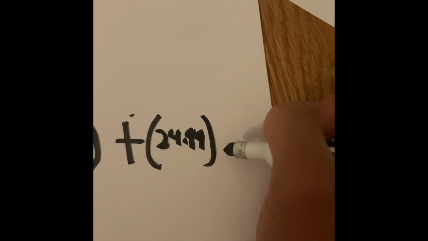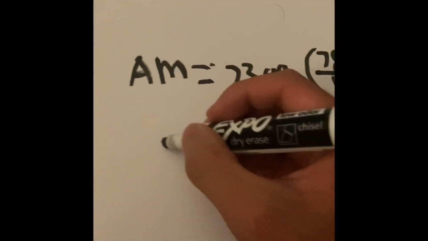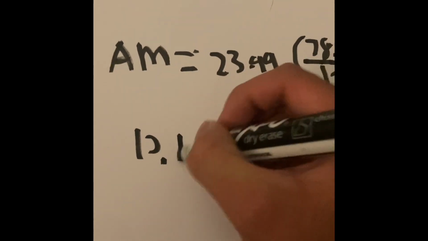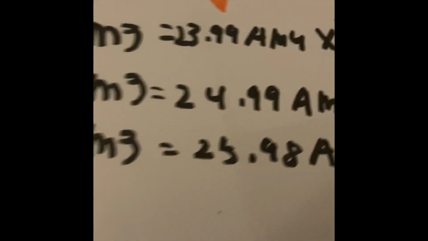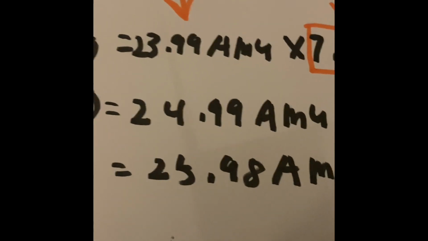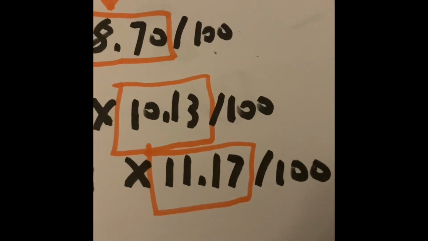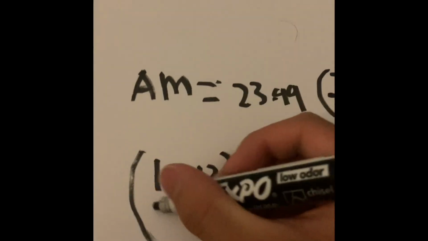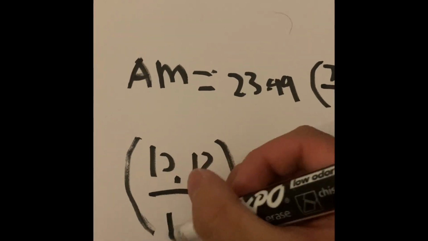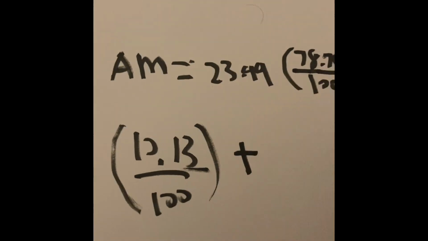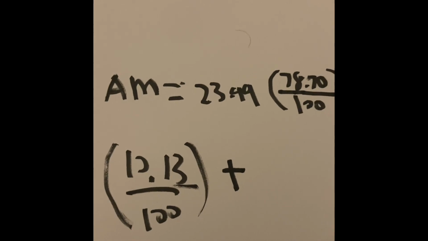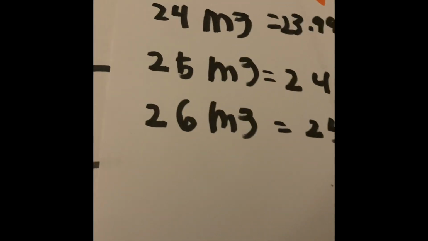Then we multiply that by 10.13, because only 10.13 percent of magnesium 25, at 24.99 AMU, would have an effect, and divide that by 100. Not only that, we add our third element, magnesium 26.